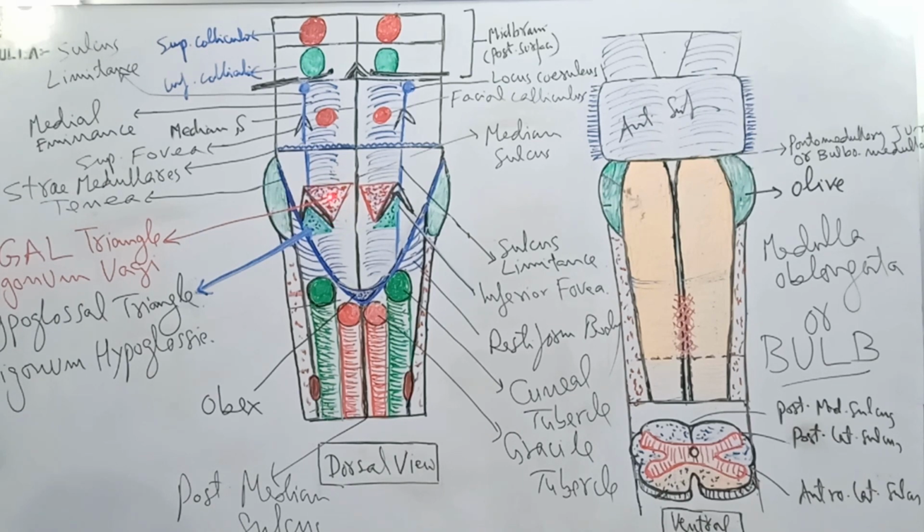This is called the vagal trigone because deep to it lies the dorsal nucleus of the vagus nerve. Inferior to the inferior fovea on both sides, there is another triangle with the apex directed upward and base directed downward. This is known as the hypoglossal triangle. Why? Because inside here lies the nucleus of the hypoglossal nerve.